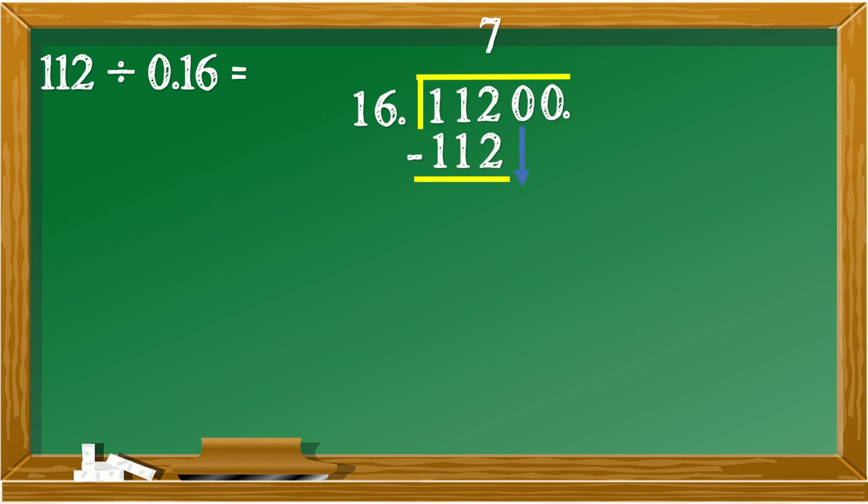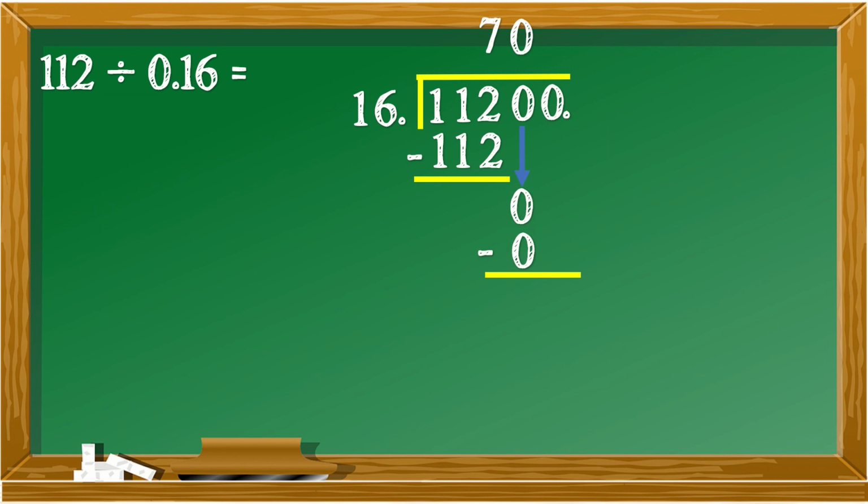And then bring down the next digit, which is also 0. 0 divided by 16 is 0. 0 times 16 is 0. 0 minus 0 is 0.